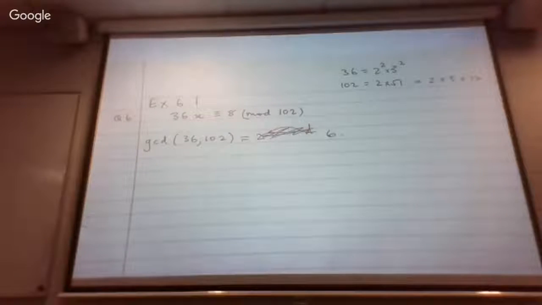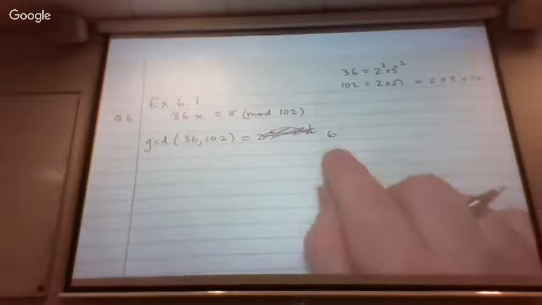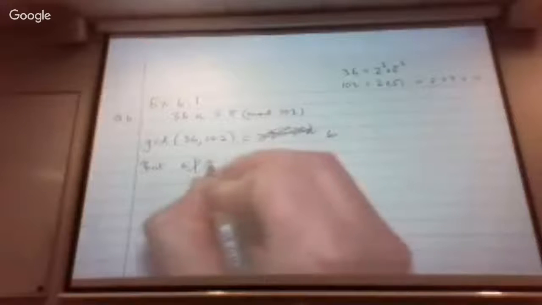6. So are there solutions? Do there exist solutions to this congruence? We should know that now that we're looking at the GCD. No. Why not? 6 doesn't divide 8, yeah. So that's what the second result said. It said there's only solutions if this GCD divides the constant. 6 does not divide 8.